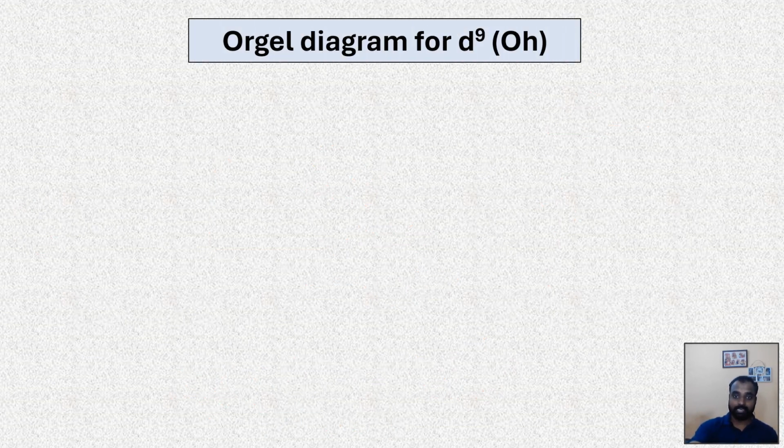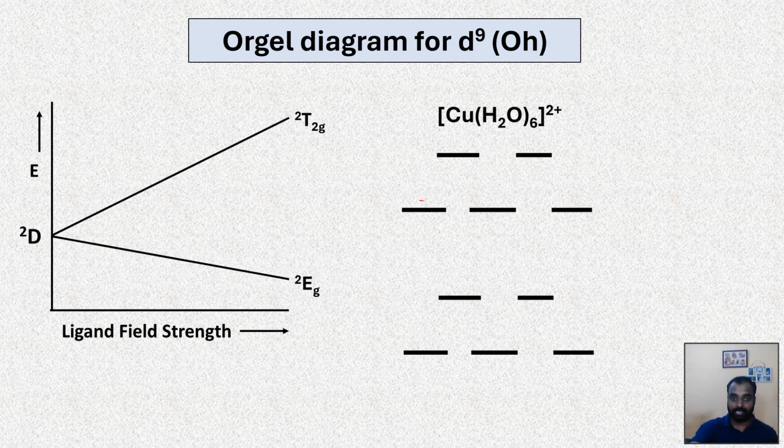For the d9 system, the difference is here in the d9 system, copper 2 plus having the d9 system. In the d1 state we have only one electron. Here we have 9 electrons and 1 vacancy. It is represented as 1 hole.